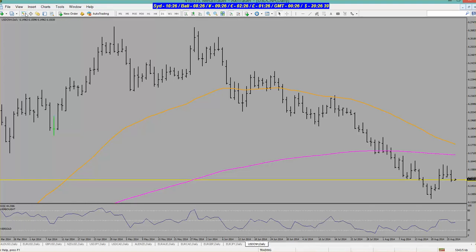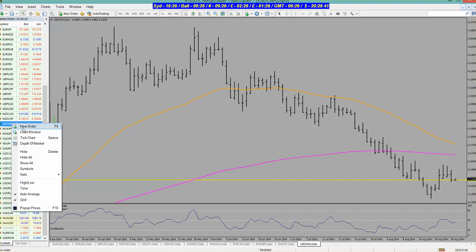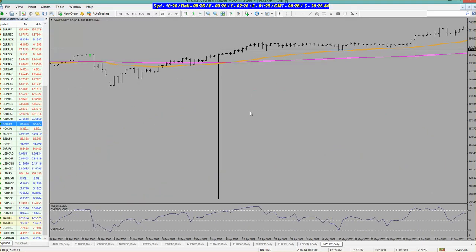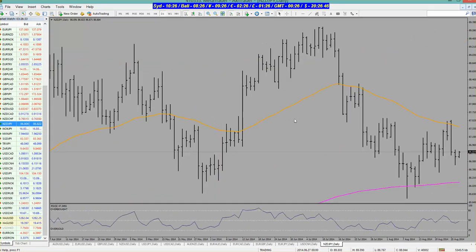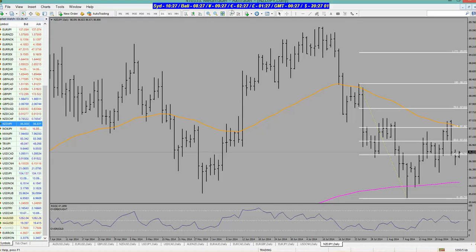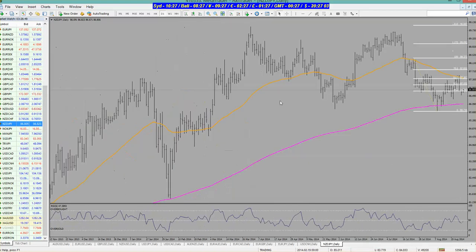Kiwi yen. Bad data. Kiwi yen. Yeah, look, again there's reasons for looking at this. Certainly a strong horizontal there.